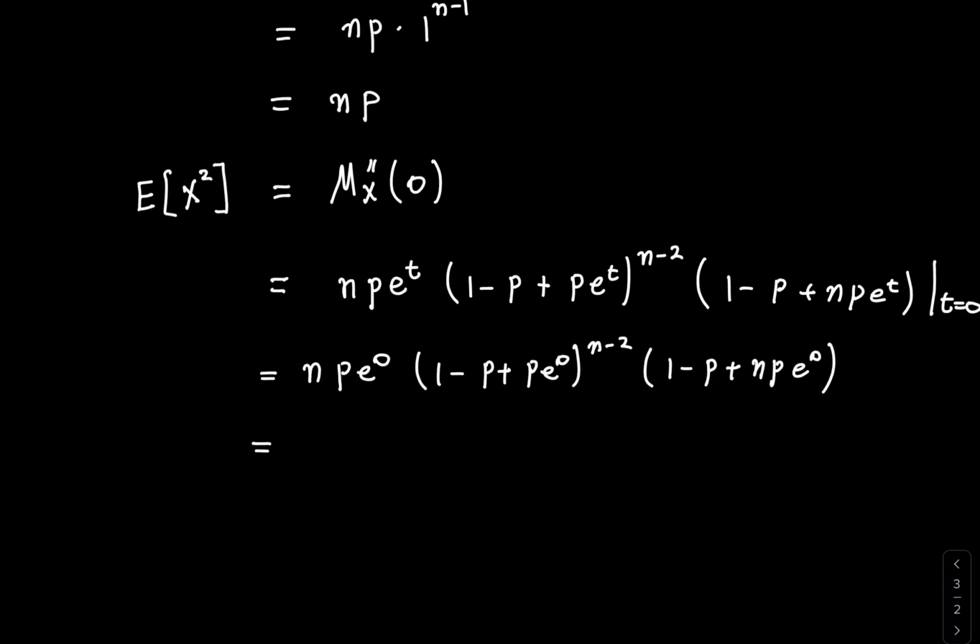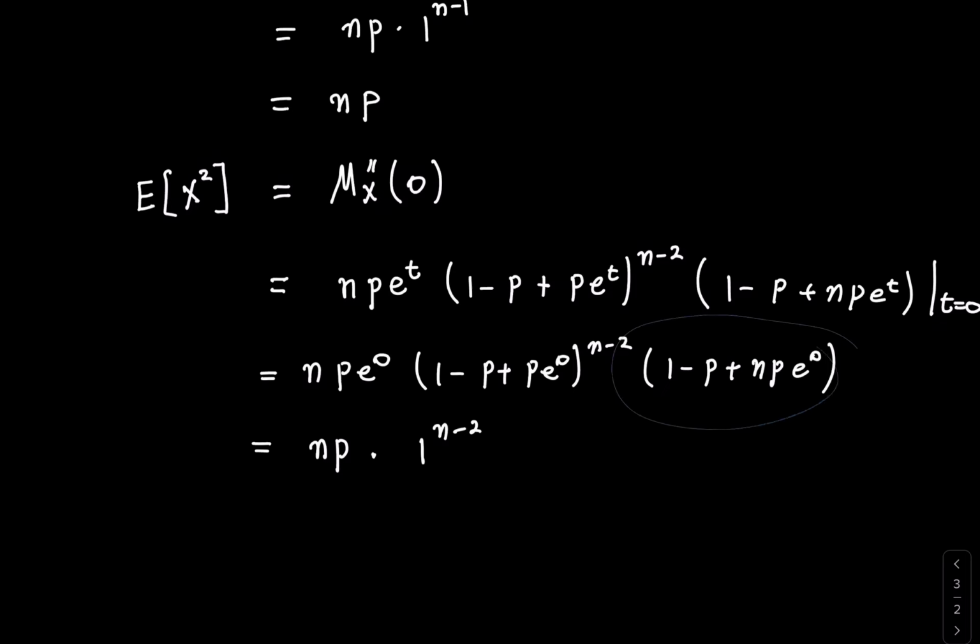Doing a little bit of cleaning up again. e to the 0 is just 1, so that becomes np. Here, again, very similar occurrence occurring. You've got p e to the 0. The e to the 0 is 1. That just becomes p, that whole expression. You've got minus p plus p. You're just left with 1. So in fact, what I'm going to write is 1 to the power of n minus 2, quite simply.